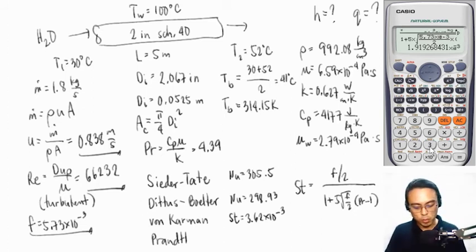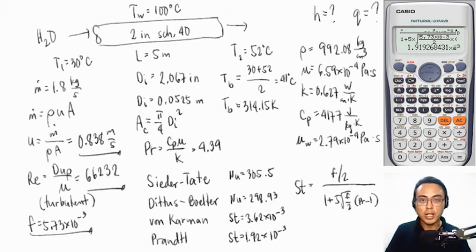Our Stanton number is 1.92 times 10 raised to negative 3. So those are our dimensionless numbers coming from 4 different equations. Now, from each of these equations, we can solve for a value of the heat transfer coefficient.